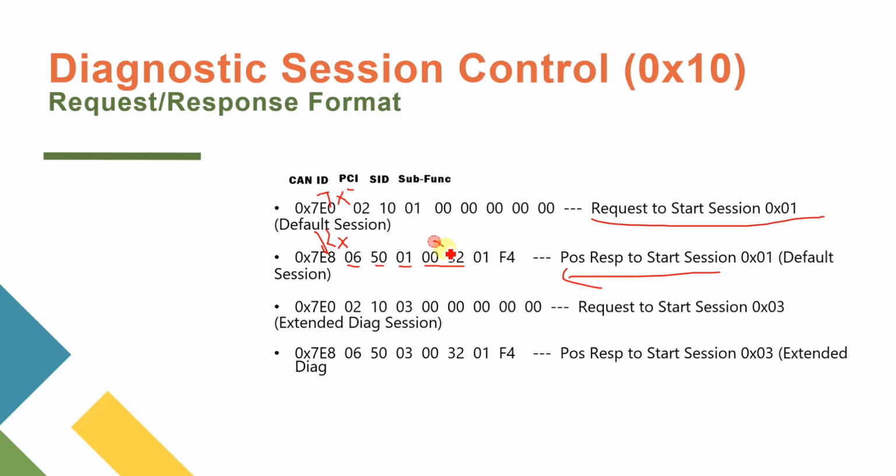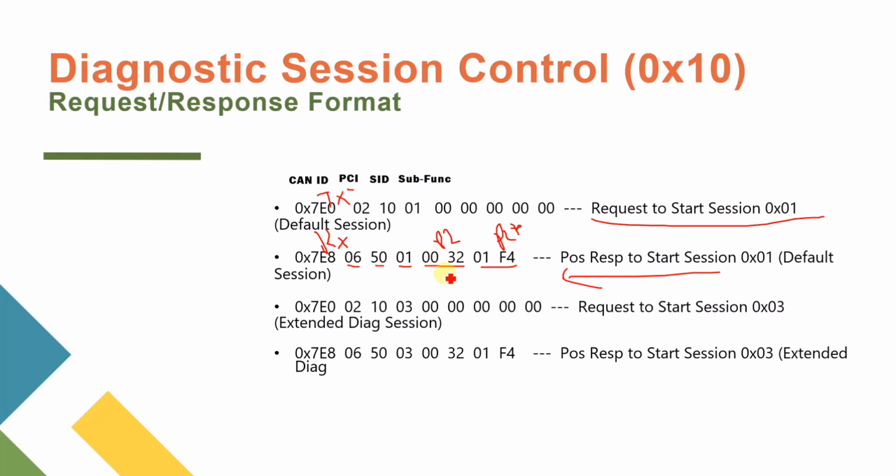0032 is P2 timing. 01F4 is P2 star timing. We already discussed what is P2 and P2 star. Whatever you are getting, 0032 is hex, which is decimal 50, means 50 millisecond if you consider. This again depends on the project or OEM.